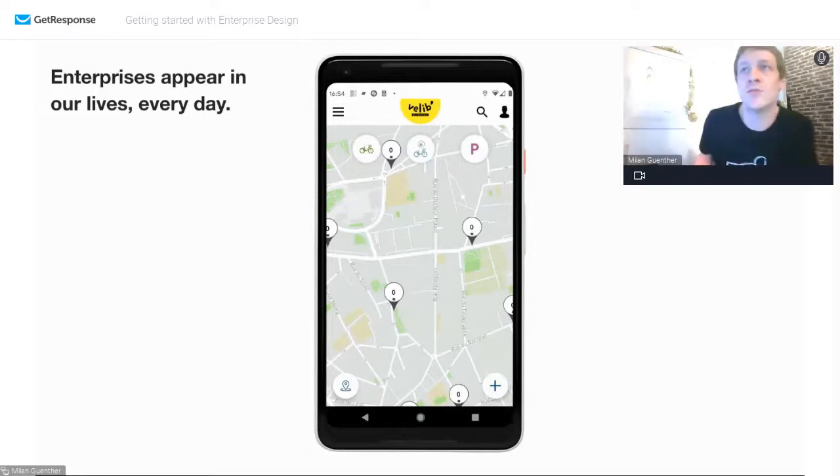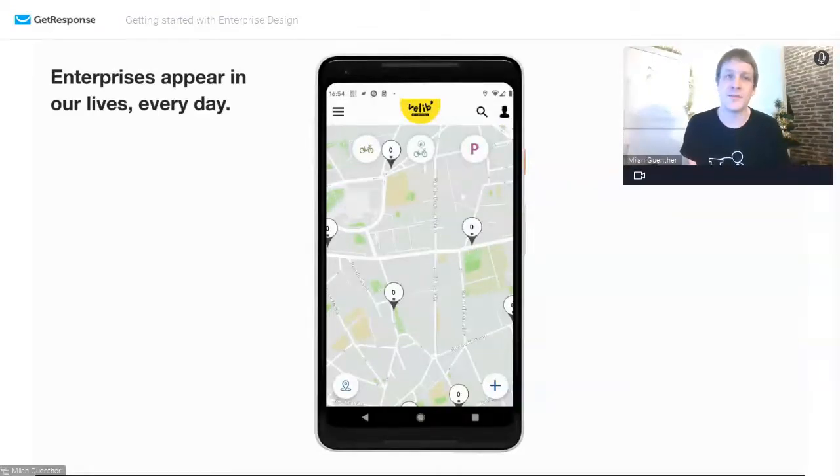Now, what is usually the scope of a user experience designer that is working on this? It's just the app. And there's no way this enterprise will ever get any better at serving me, in this case, by only looking at the experience of a certain part of this, which is the app. They have to look into operations.